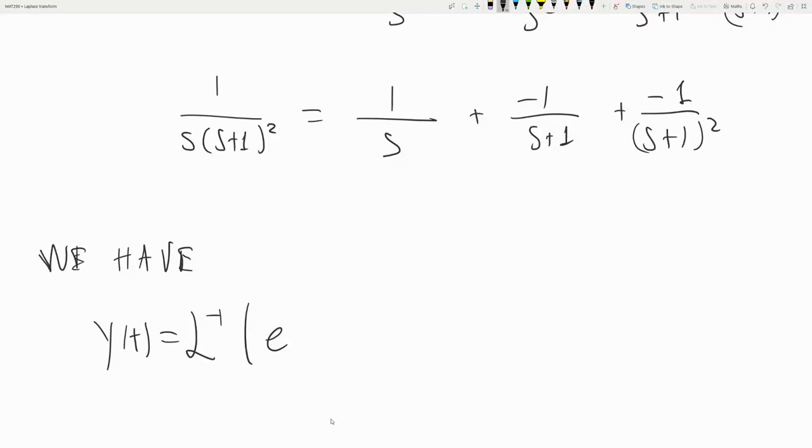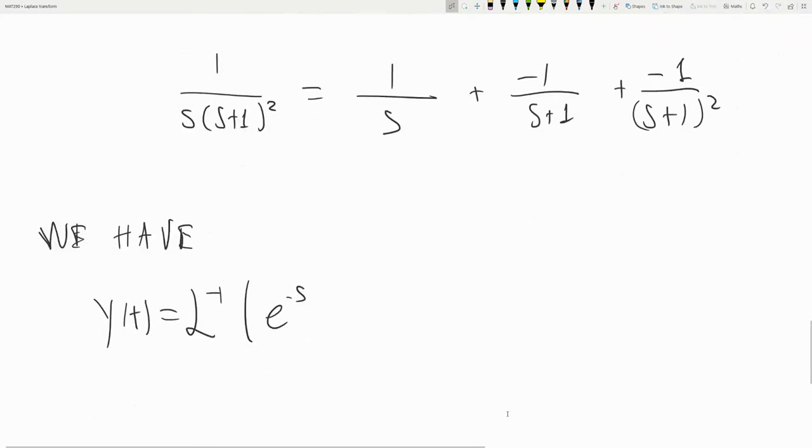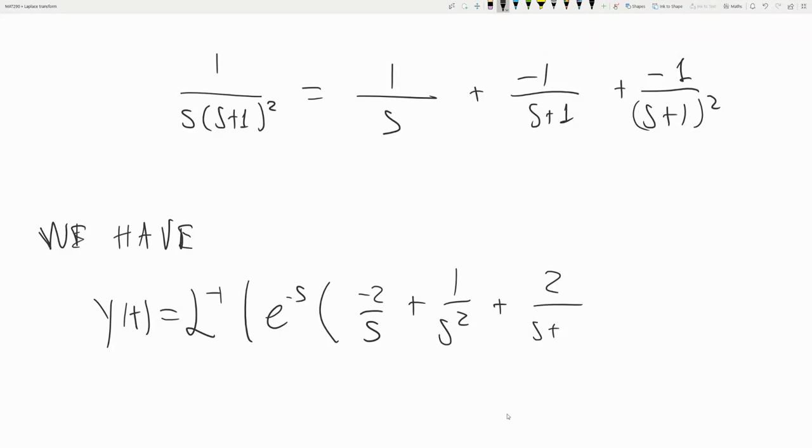So e to the minus s times what? In fact, I can group things together. Let me do it. So 1 over s squared minus 2 over s plus 1. So this is the first factor. That was the first guy.